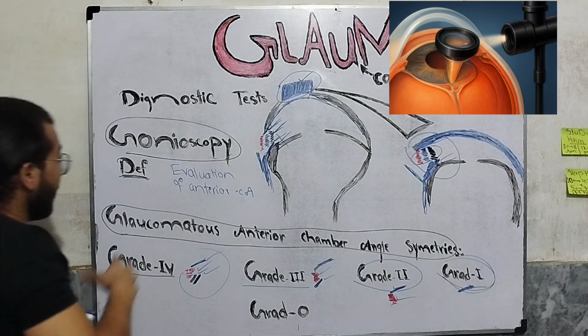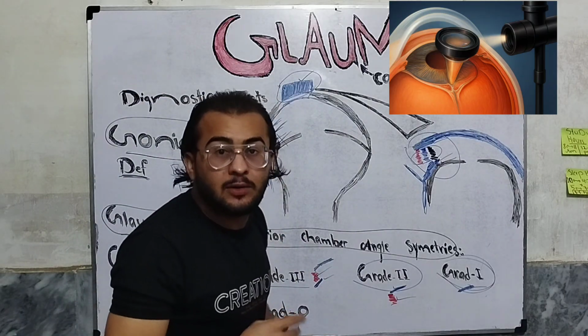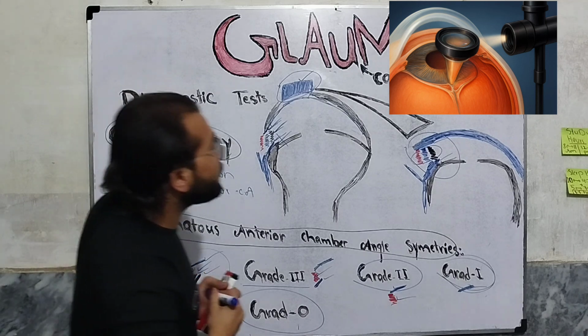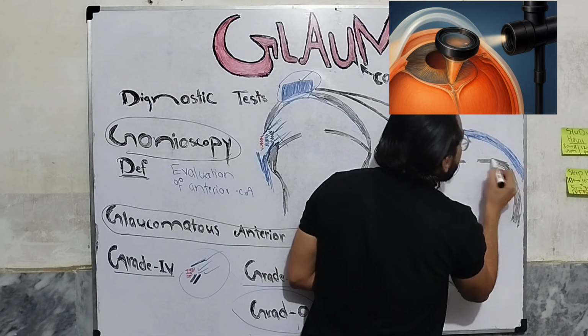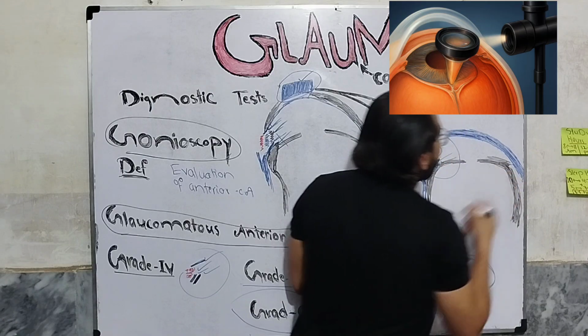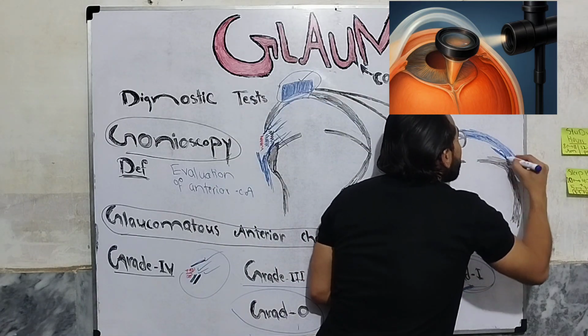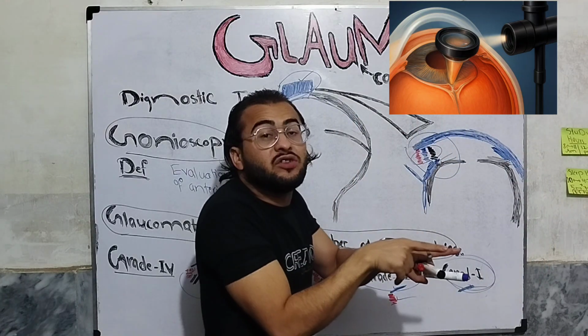Now in glaucoma we can have a completely closed angle, which is called grade 0. In this completely closed angle, the peripheral iris and the peripheral cornea come very close to each other and attach to each other.